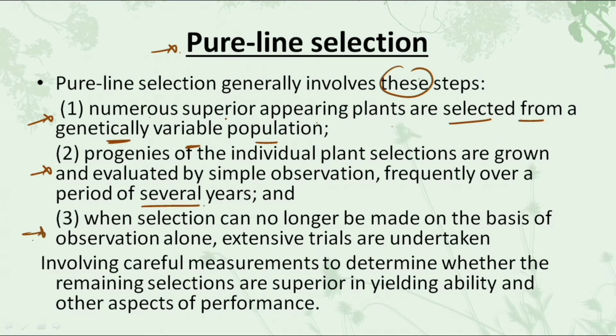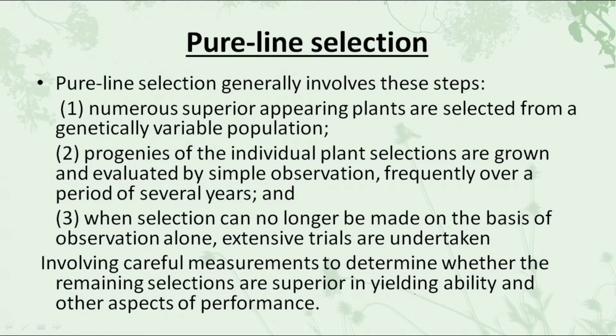And when selection can no longer be made on the basis of observation alone, extensive trials are undertaken. This involves careful measurements to determine whether the remaining selections are superior in yield ability or in other aspects of performance.